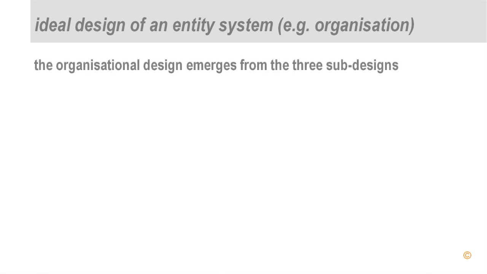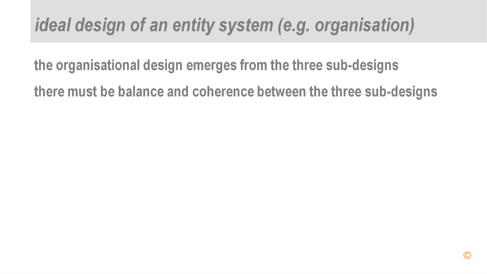The actual organizational design emerges from the interaction and higher level abstraction of those three sub-designs. There must be coherence between these three sub-designs. For example, we should not advocate high-tech business and information age business and run an organization with industrial age structures and supports.